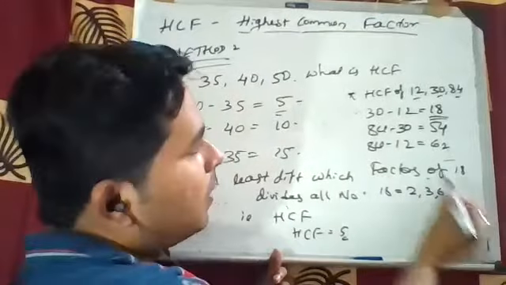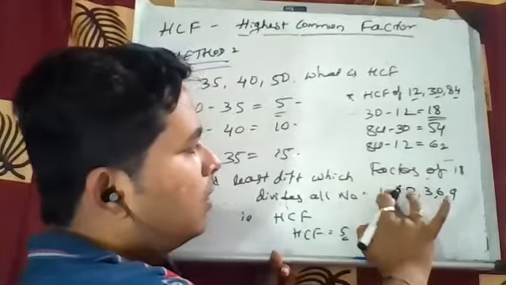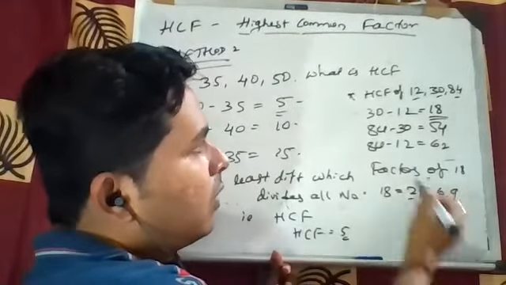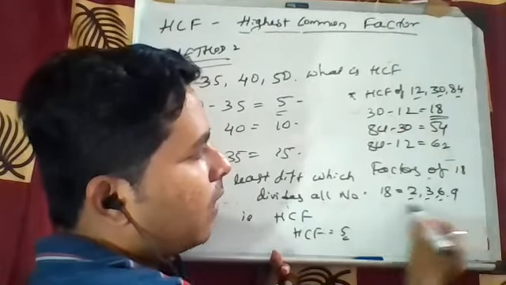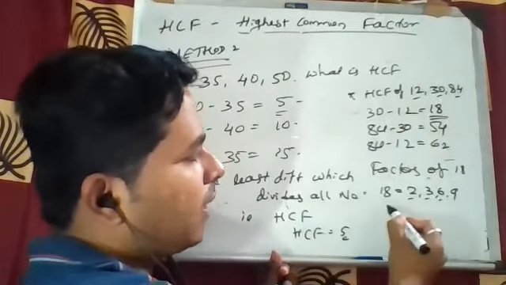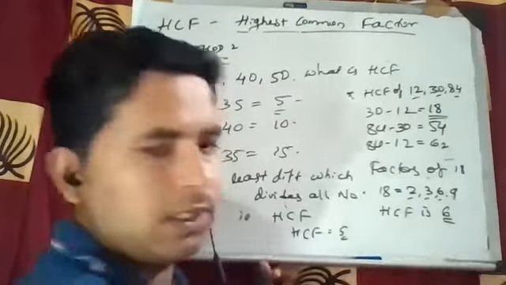Which of these numbers will divide all three? 2 will not divide all the numbers, 3 will not divide, 6 will divide all the numbers, and 9 will not divide. So here the HCF is 6, not 18.